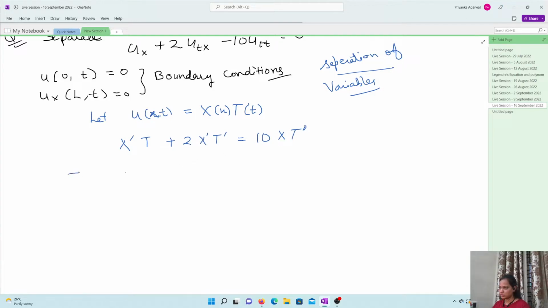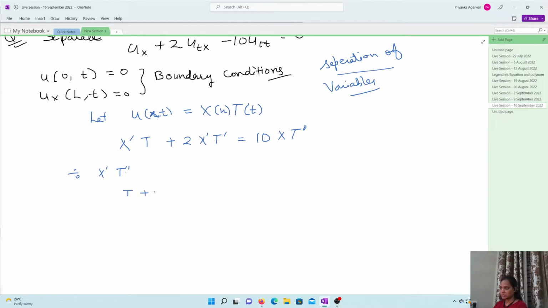Now, basically u_x will be X prime T and u_t will be X T prime, and this becomes X T double prime. Now let's divide it by X prime T double prime.